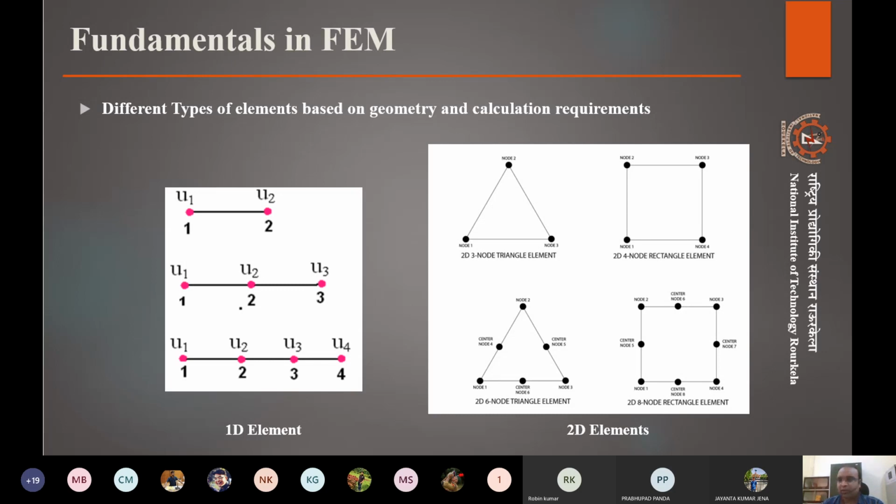So you basically have 10 into 10, 100 elements, right? Dividing it further, there will be a corresponding increase in how many calculations are to be done. So in that way, the load on the computer increases.